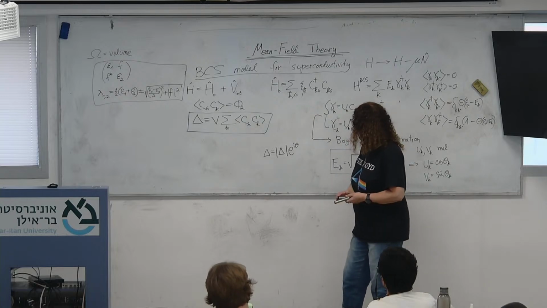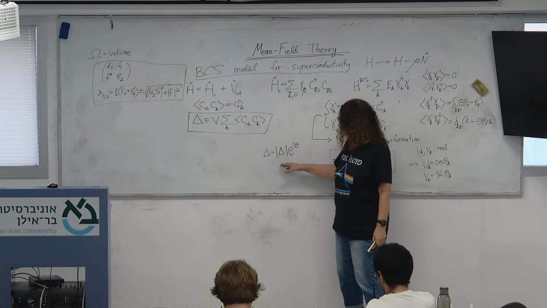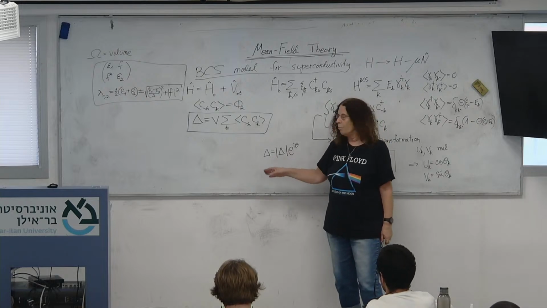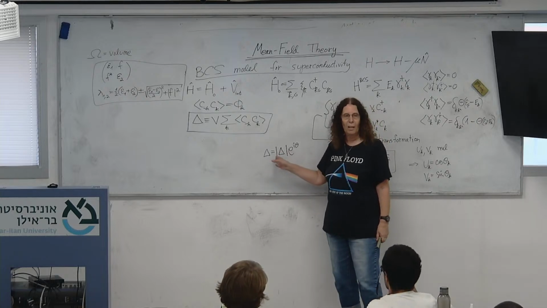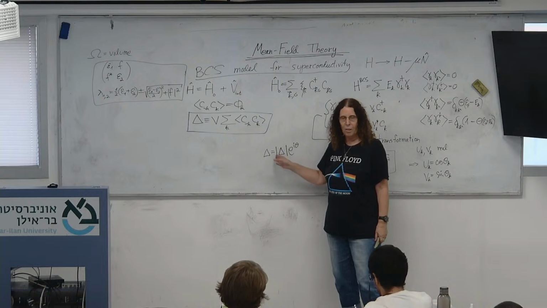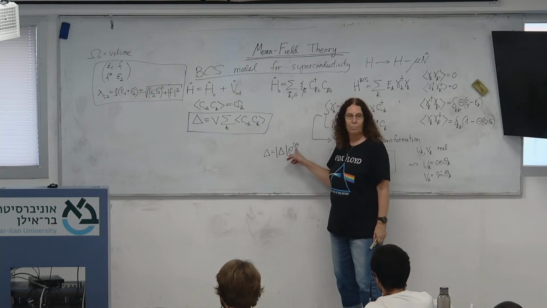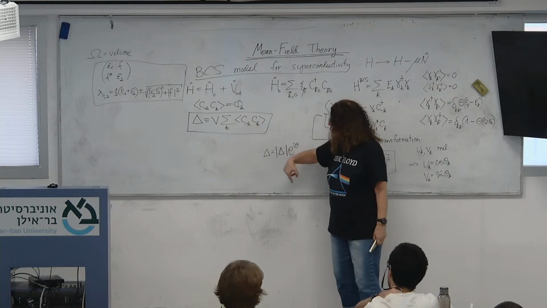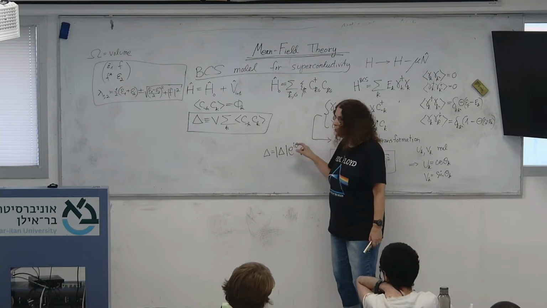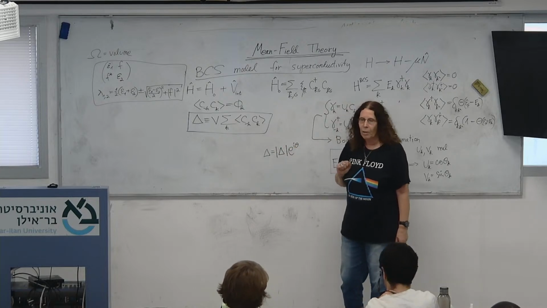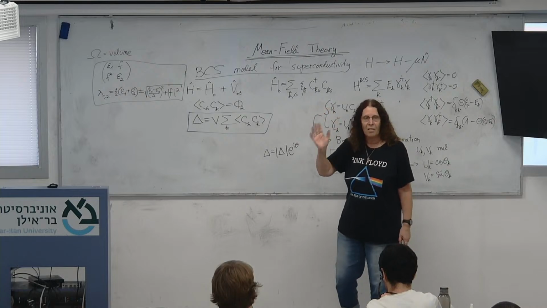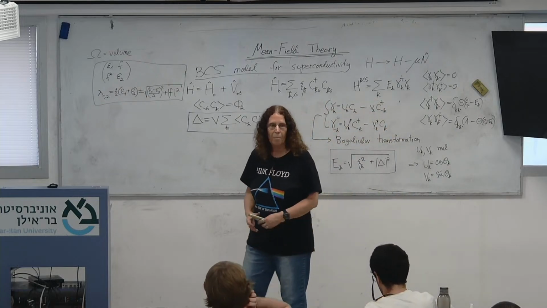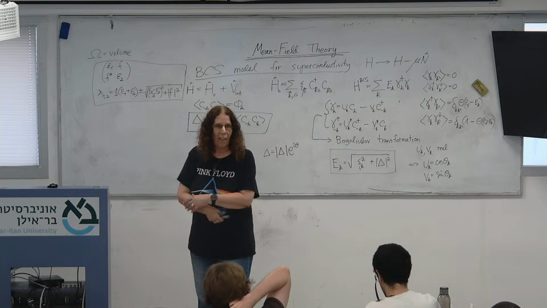So what does it mean? It means that if the system adapts this ground state, it chooses a phase spontaneously, okay? So the state is symmetric under rotation in arbitrary values of theta, but it chooses one theta and sticks to it, okay?